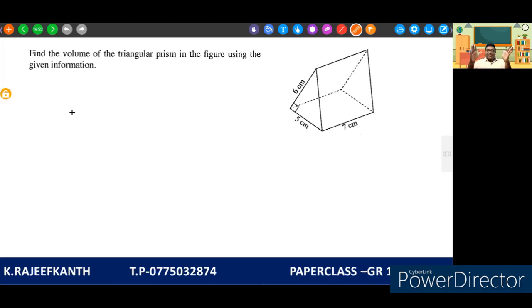Here in your syllabus, there are 4 solids that have similar cross sections. The first one is cube, the second one is cuboid, the third one is triangular prism, and the last one is cylinder.